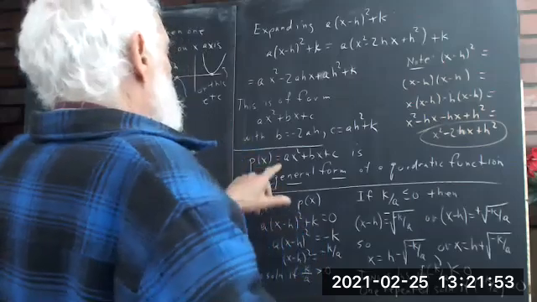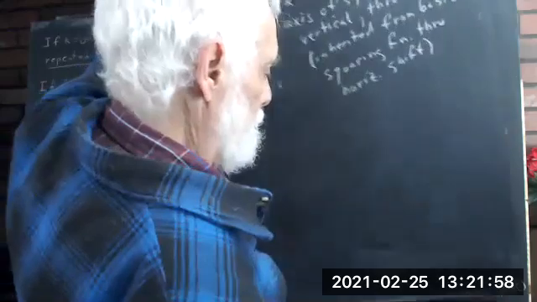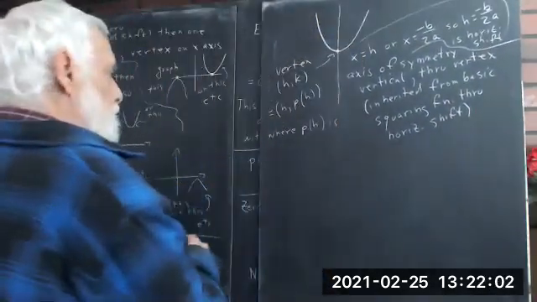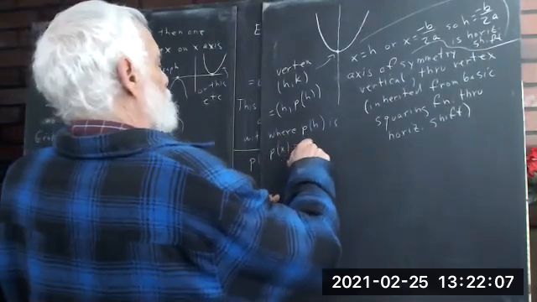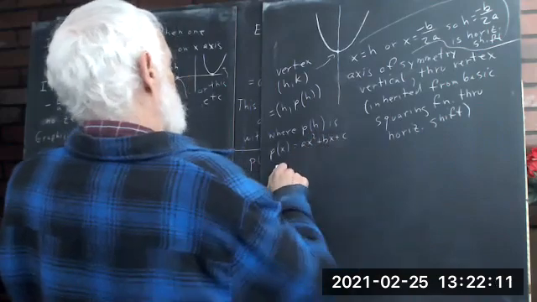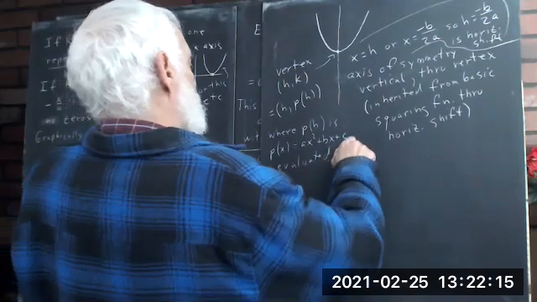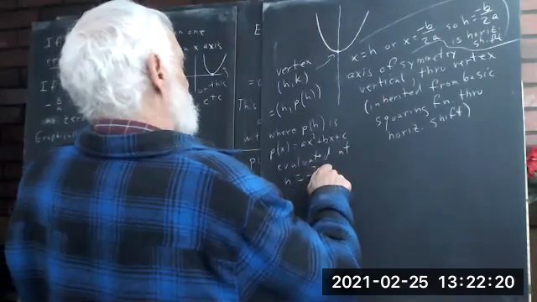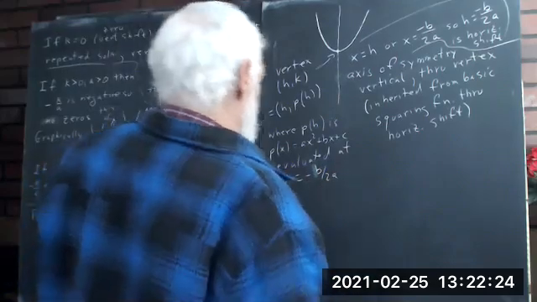Yeah, I called this P of x, right? I'm going to make sure that I inherited the notation. P of h is P of x, which is ax squared plus bx plus c evaluated at h, and h is of course negative b over 2a.